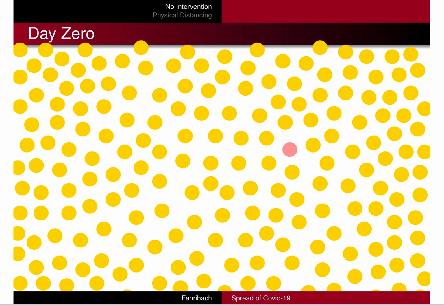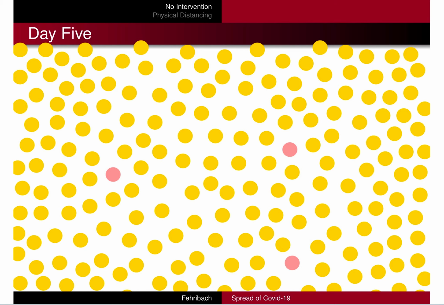But if we go forward to day 5, which is February 5th, this virus seems to be spreading at a rate where the number of infected people triples every 4 or 5 days. So for the purpose of this video, we're going to use the 5 as the magic number. And in 5 days, we've gone from 1 person infected in this little community to 3 people infected.